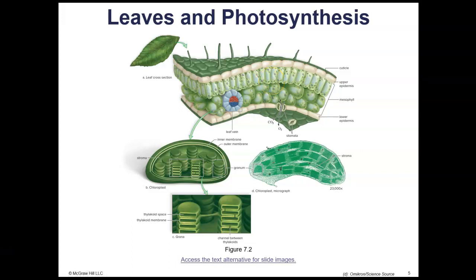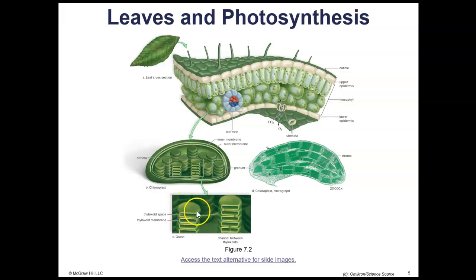Now, what you're looking at in picture B is the actual chloroplast that has been cut away so you can see inside of it. So each one of these little green discs is called a thylakoid, and then the entire stack of discs is called a granum. And you can see that, I think they're labeled here.